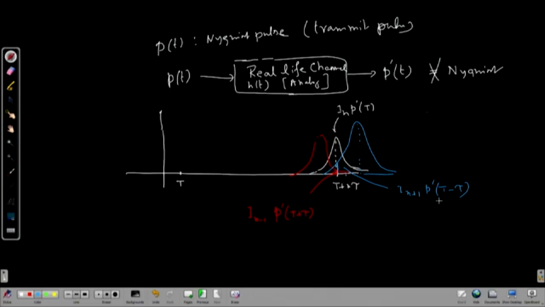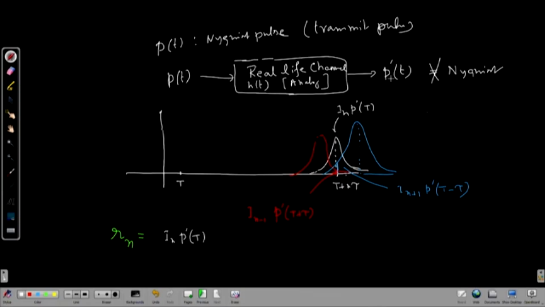So, typically when you sample here, the received sample, if I call it R for receipt or n, will have one term from the correct symbol I n, times p prime t.